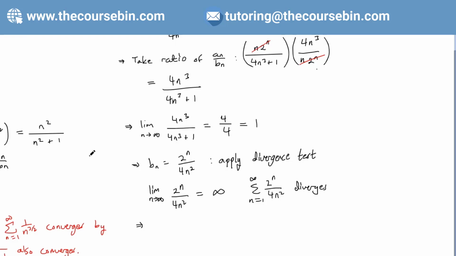All right, so now that we know that b_n diverges, we can say therefore a_n also diverges.